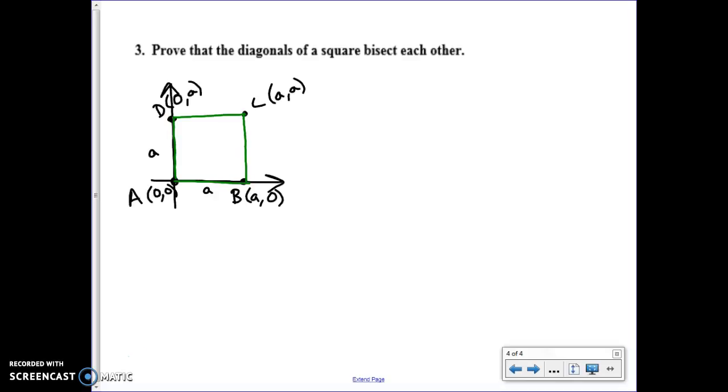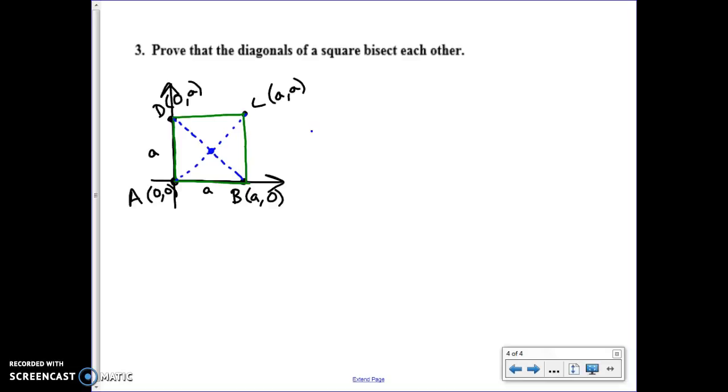Now to prove that the diagonals bisect each other, we want to show that those diagonals cut at the midpoint right there. So we need to find the midpoint of each of those diagonals.